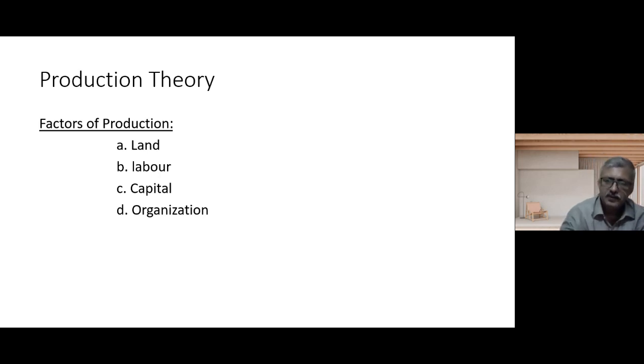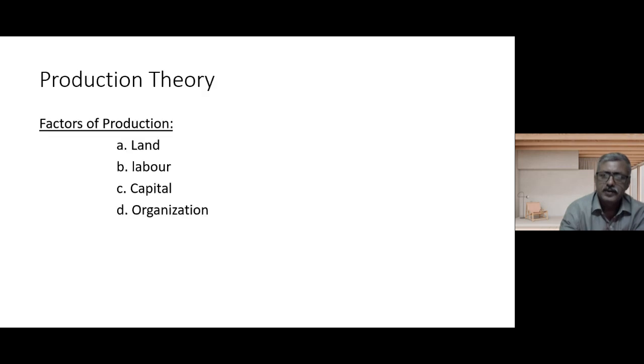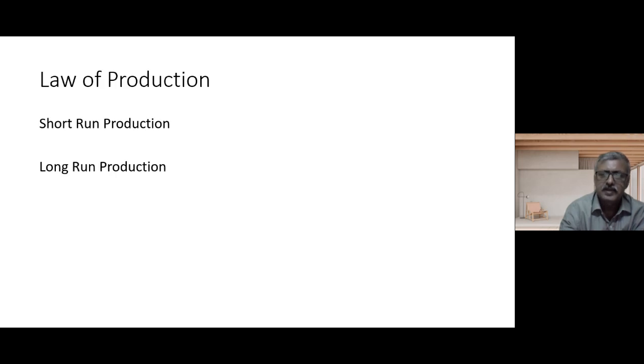Now let's move to the production cycle, the real production theory. Now actually, whenever we take a call of producing any goods or services, the production happens in two stages. Initially, it is called short run production, and later on, the second stage, which is called long run production.